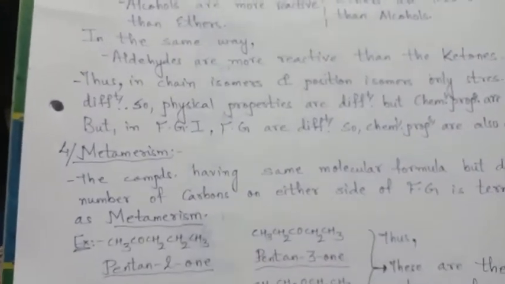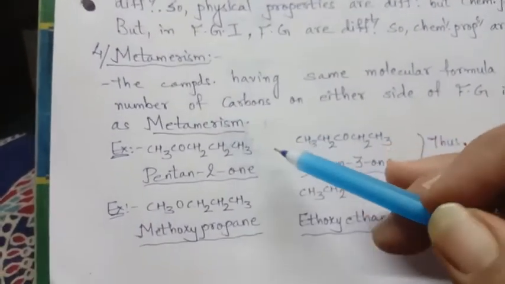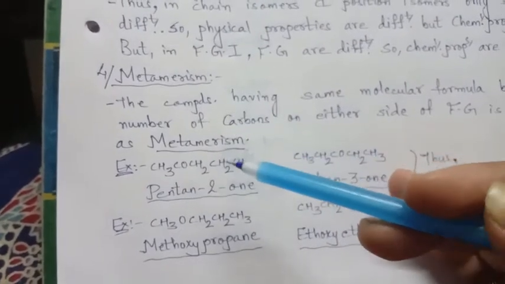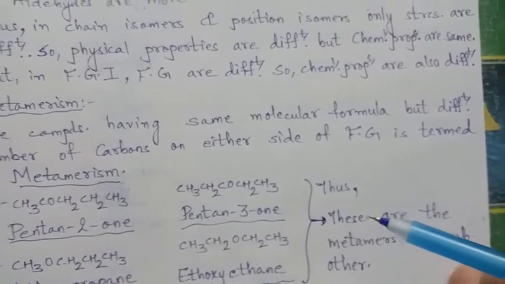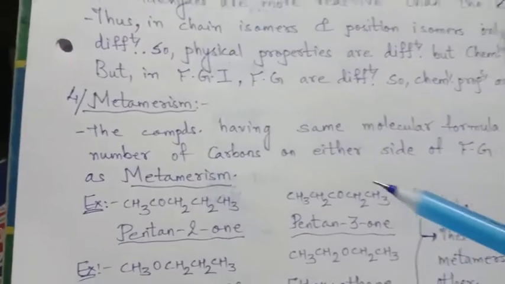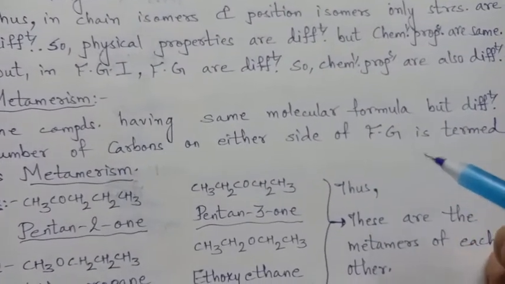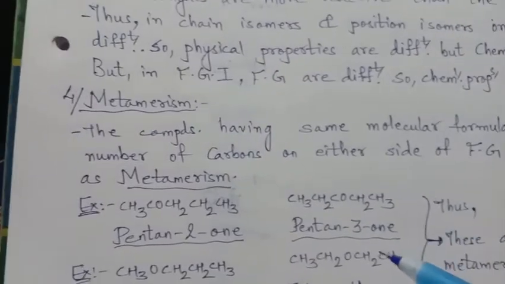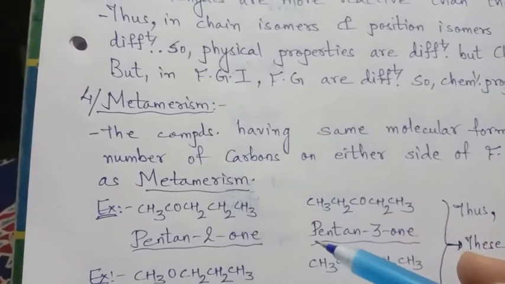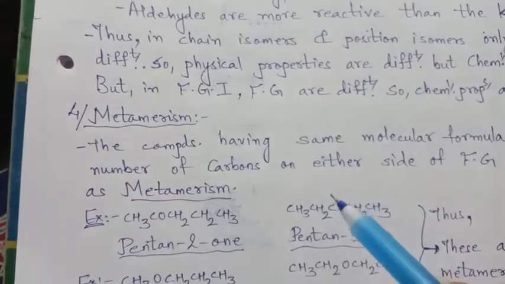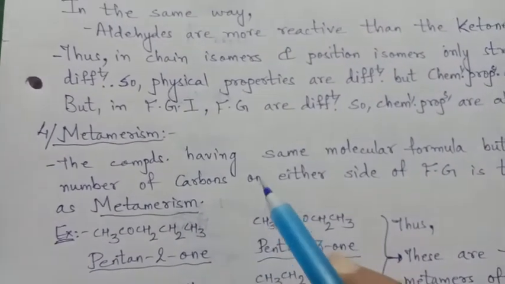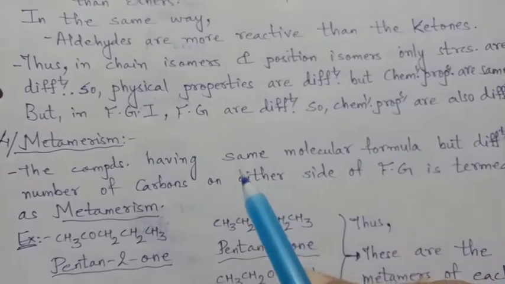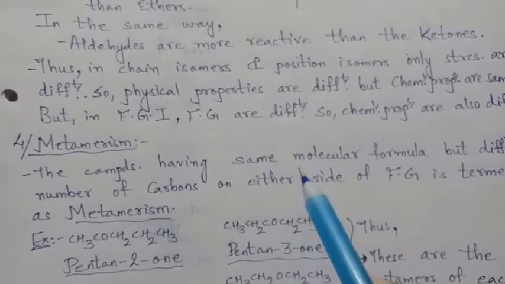Now the fourth is metamerism. What is metamerism? Compounds having the same molecular formula but a different number of carbons on either side of the functional group is termed metamerism. See, one thing is common when we are learning isomerism. In all types of isomerism, the molecular formula remains the same, right?